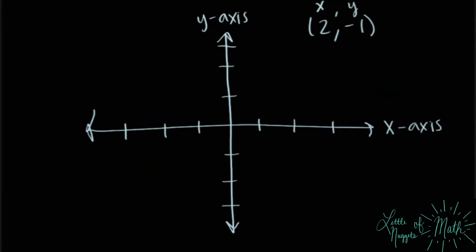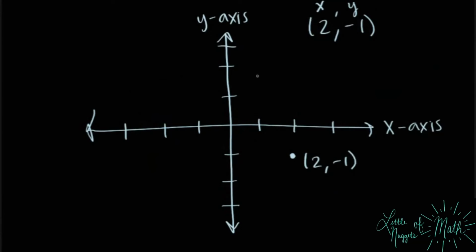And so if the coordinate point is 2, -1, we're going to count 1, 2, and down 1, since it's a negative y. And this would be our coordinate 2, -1. Which quadrant would this be in?